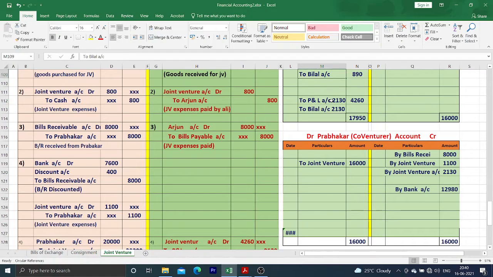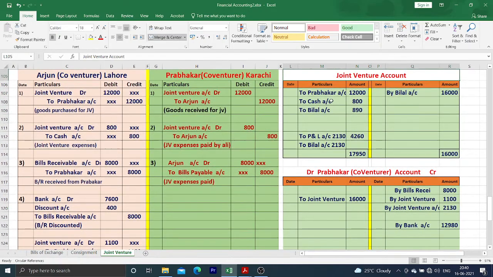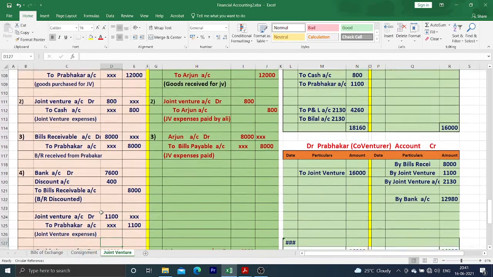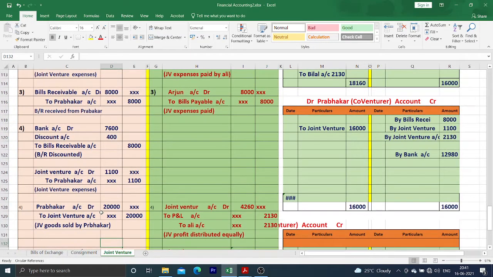Joint venture account debit, amount is 1,100. Next entry, Prabhakar to joint venture.